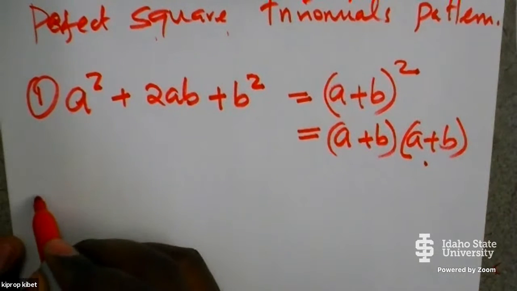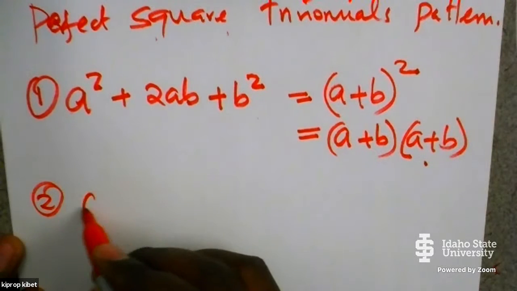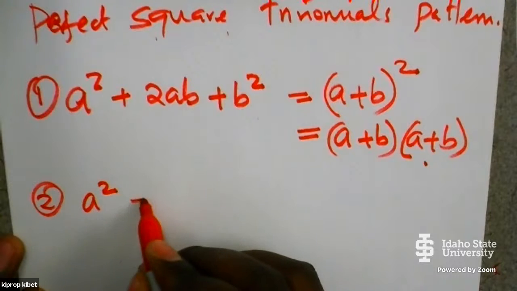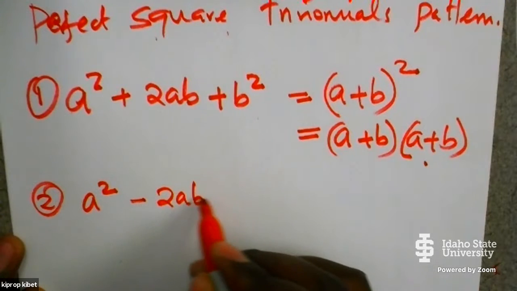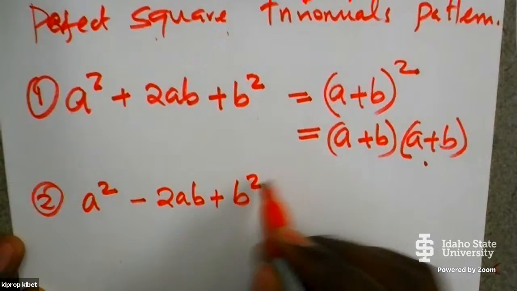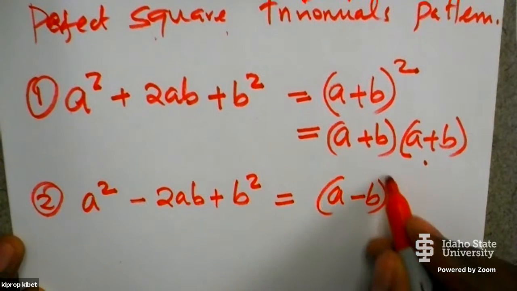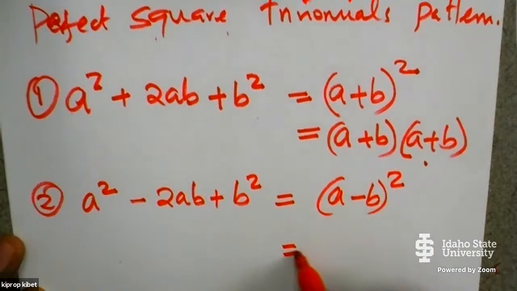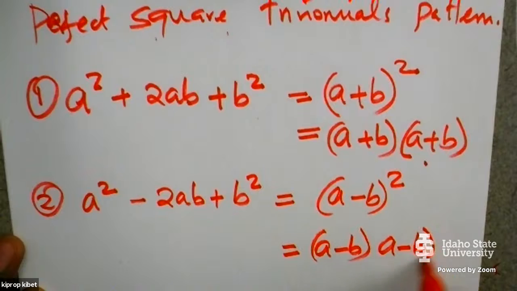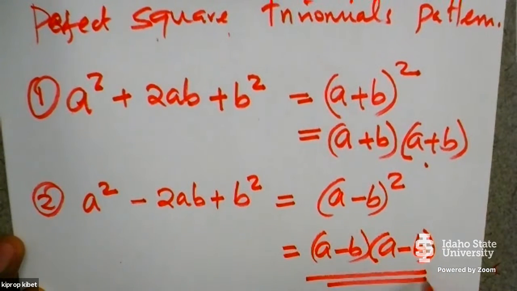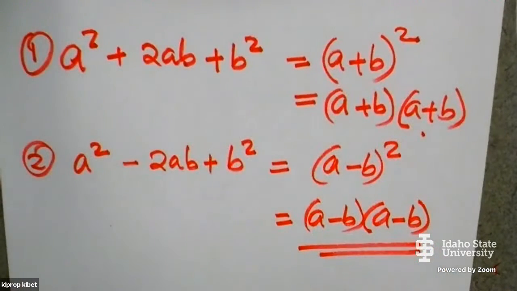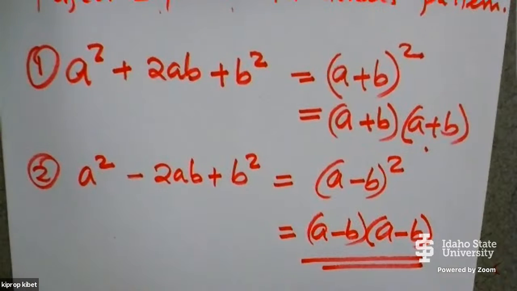Number two, a square, now minus here, 2ab plus b square. This is similar to a minus b square, which is the same as a minus b, a minus b. So those are the perfect square patterns.